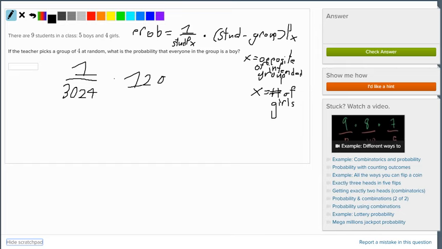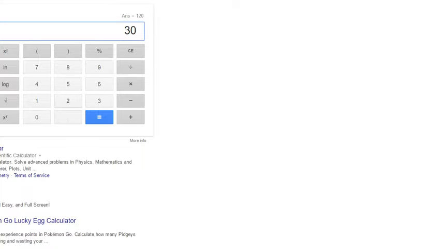So that leaves us with 120 over 3,024. I'm going to assume that this can be simplified. So step 1 would be to just divide 3,024 by 120.